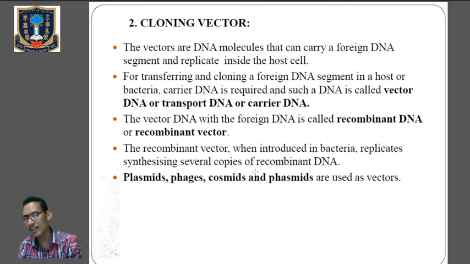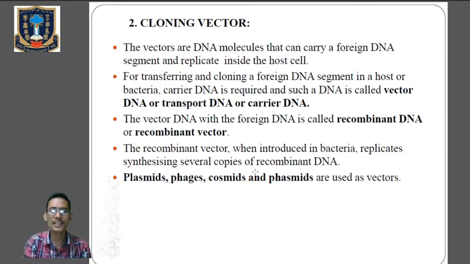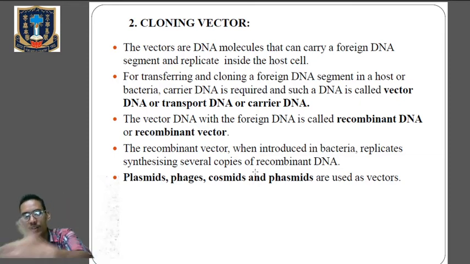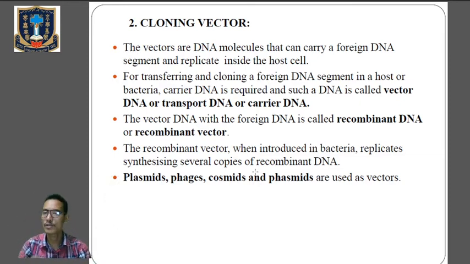These vectors are mainly used to carry that segment of DNA having the gene of interest within the host, or else we are not able to insert that DNA into the body of the host. Such a DNA is called carrier DNA or vector DNA or transport DNA, and afterwards we are going to learn the characteristic features of the vector also.